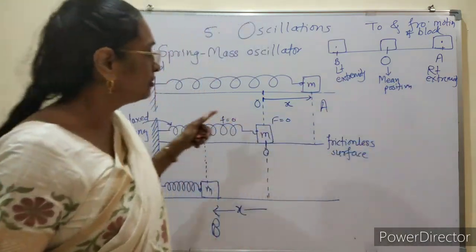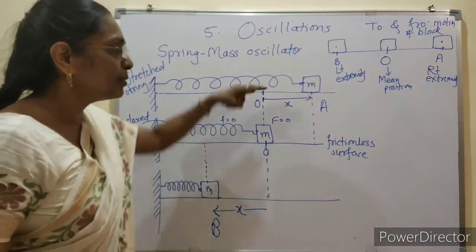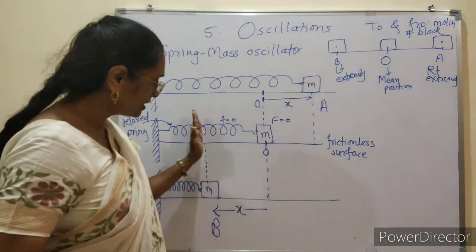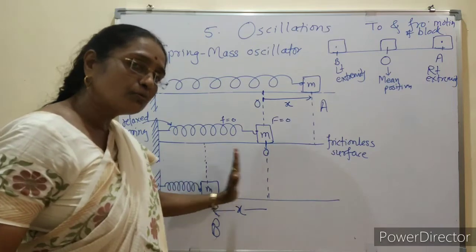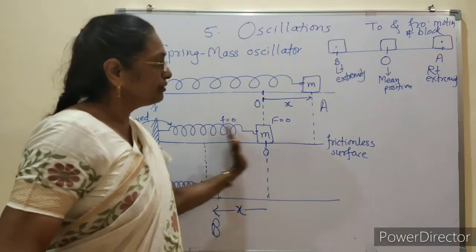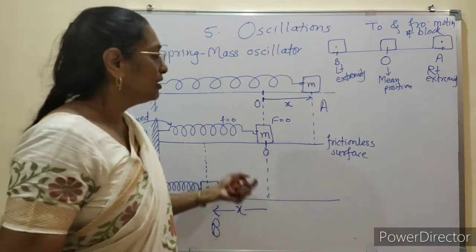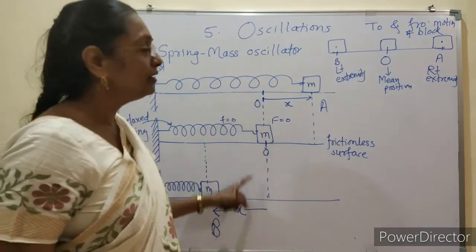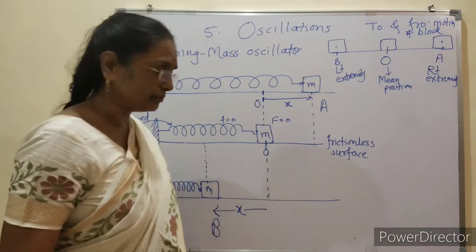If it is repeated by compressing the spring instead of stretching, and then released, it also performs the oscillatory motion. But we have considered such motion here by stretching the spring.